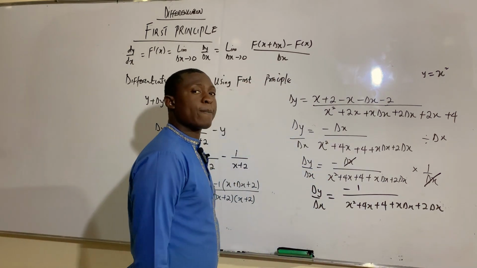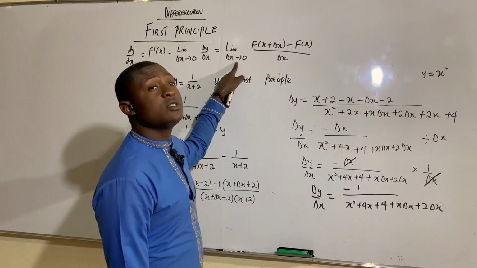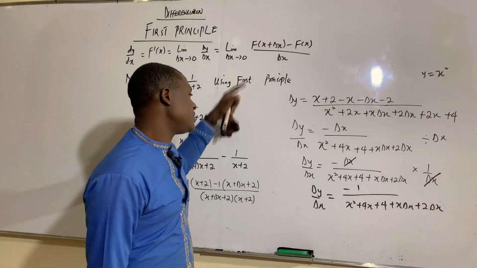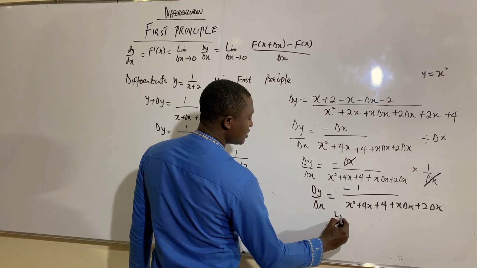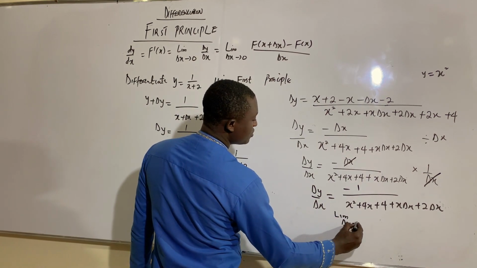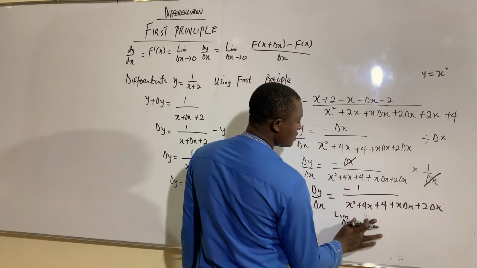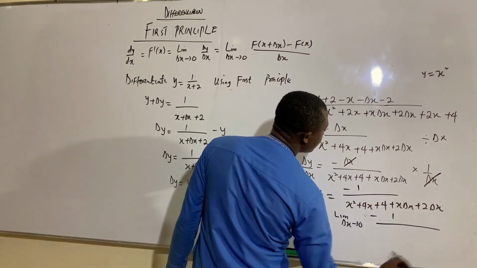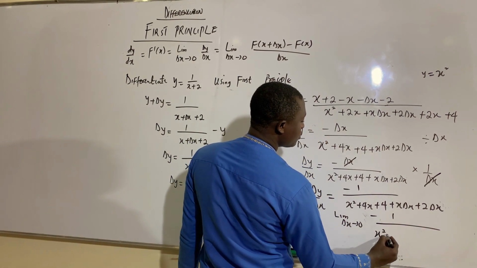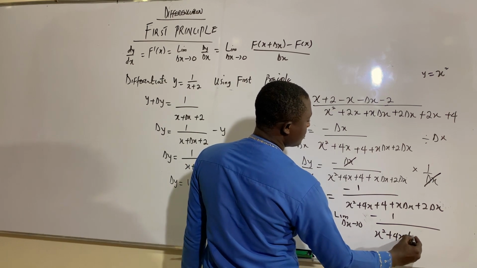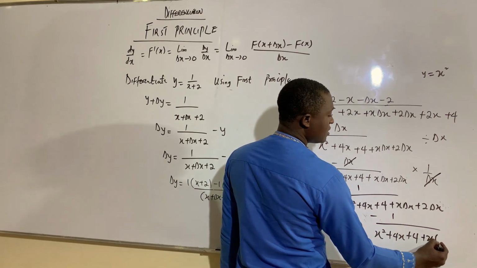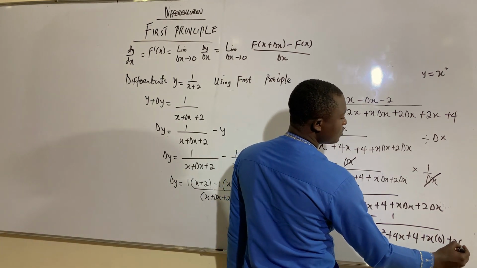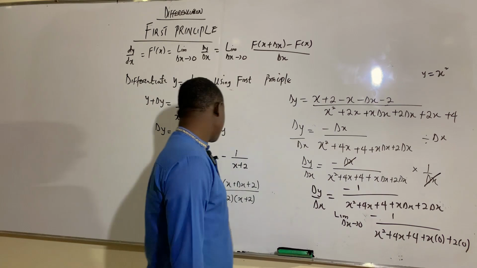What will be the next step? Good, is to limit our change in x to be 0. So if I limit the value of change in x to be 0, that means here we have minus 1 all divided by x squared plus 4x plus 4. So if I'm limiting to be 0, this one will become x bracket of 0, then 2 bracket of 0.